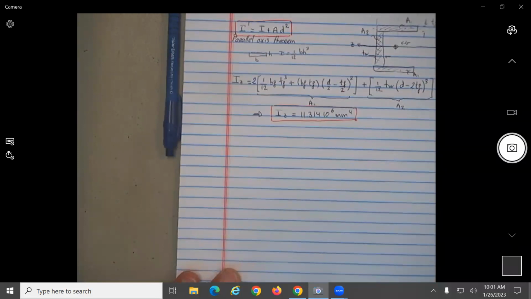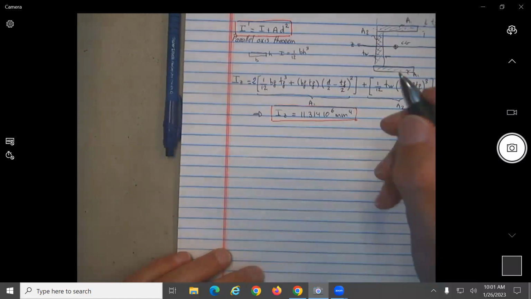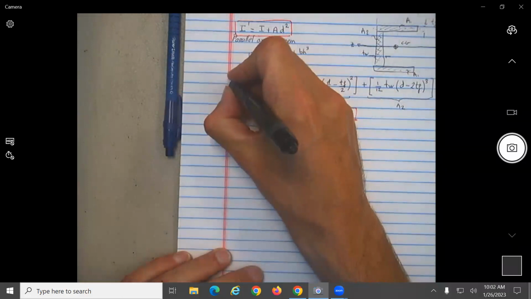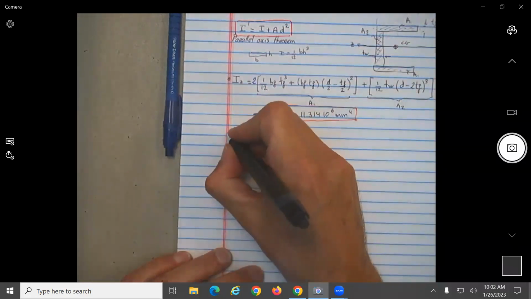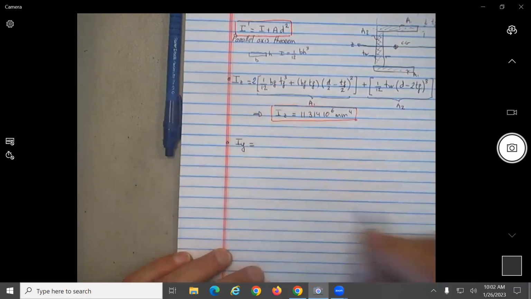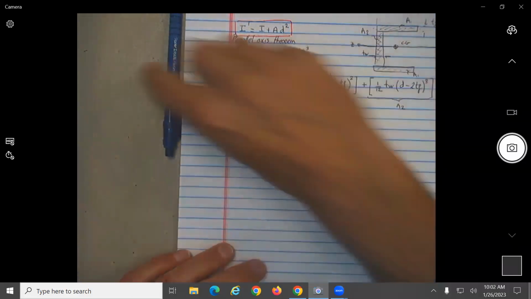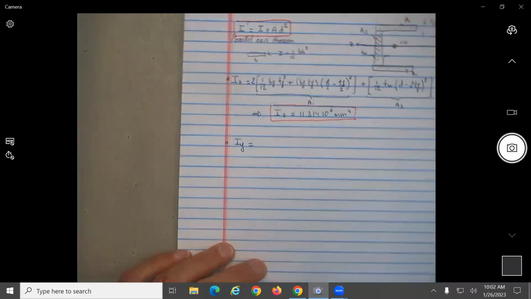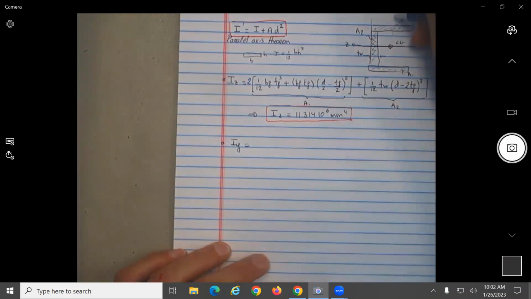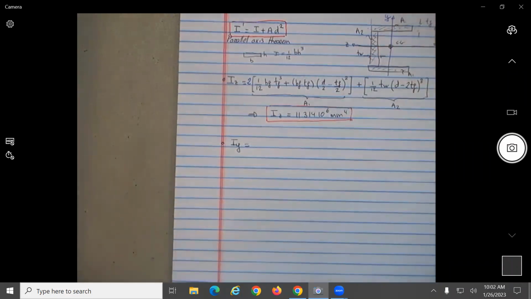Now, let's say we want to calculate the I sub Y. So I sub Z, we come here, I sub Y. So now we do the same thing, but instead of looking at how unlikely it is to rotate about the Z axis, we're going to look at how unlikely it is to rotate about the Y axis.